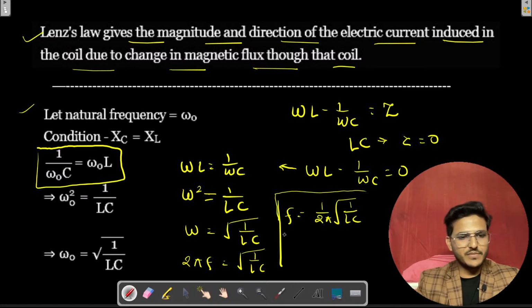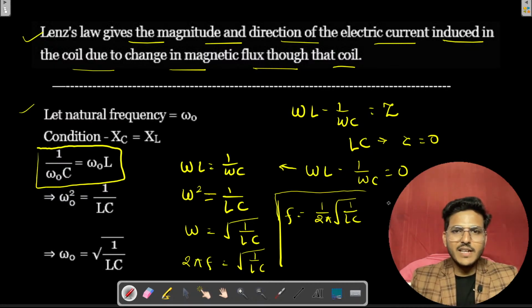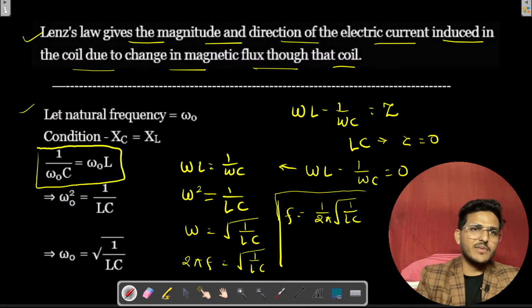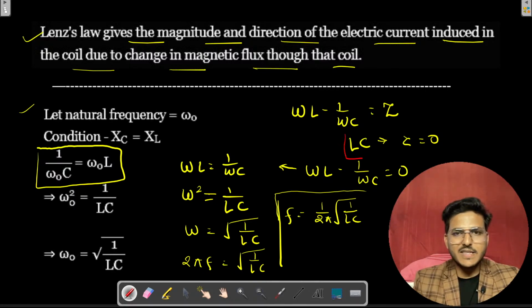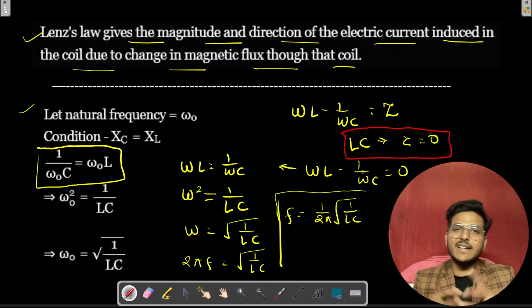Now it's clear. This is the resonance condition, because the power loss in an LC circuit is 0. Why is the power loss 0? Because there is no resistance, so there is no power dissipation.